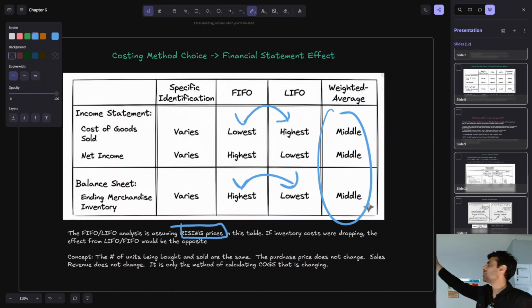You'd pay $2.20 first, and then it goes down to $2, and then $1.80 as time goes forward. So that's like a deflation. That would cause the opposite effect as this table.